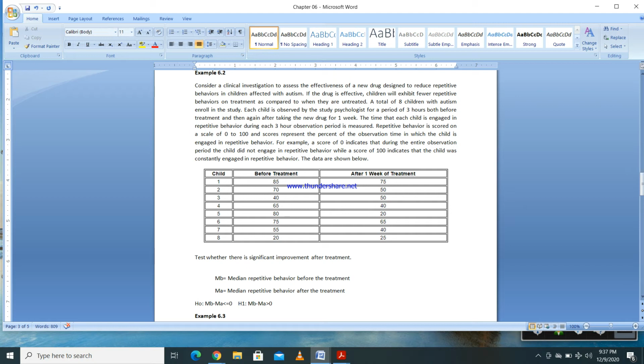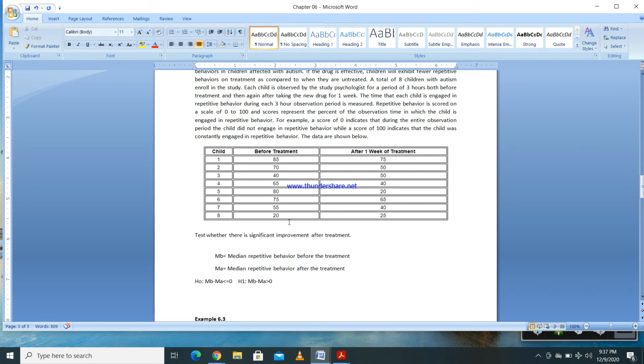Now the hypothesis is okay. Now you have to find the test statistic. Just as we do in the one sample sign test, we check the number of positive differences and the number of negative differences, right?